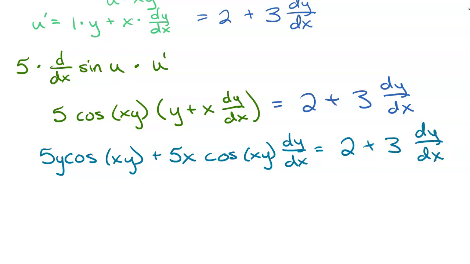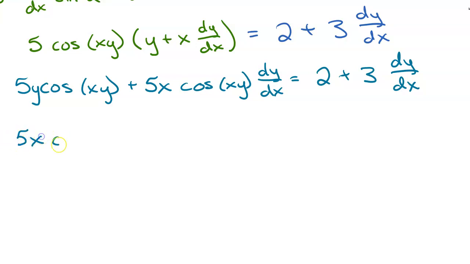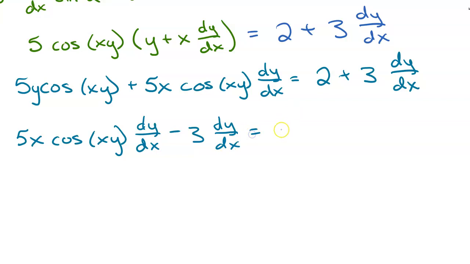And I want all my dy/dx terms on the left and everything else on the right, because I'm going to use GCFs. So let's see here. That would be 5x cosine of xy minus 3, times dy/dx, equals 2 minus 5y cosine of xy.